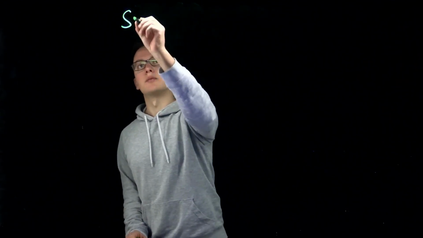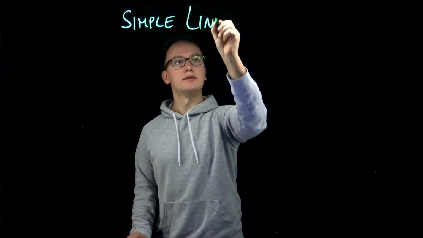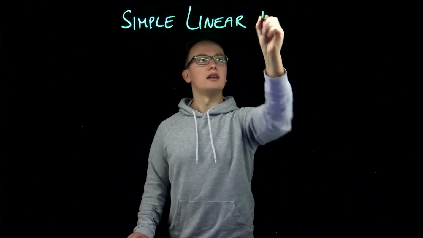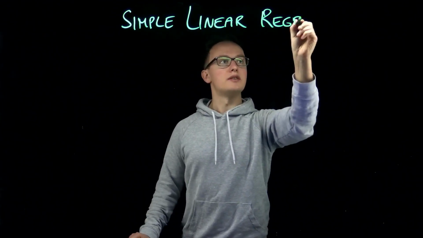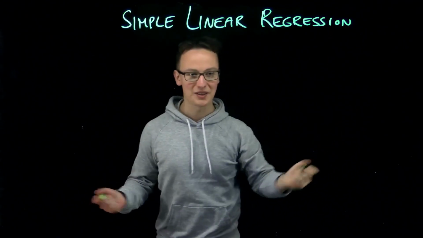When thinking about data generation processes, it is sometimes also useful to try to understand the relationship between two variables. And a simple example of this is what you surely remember, simple linear regression. And we're going to see or review how this works.